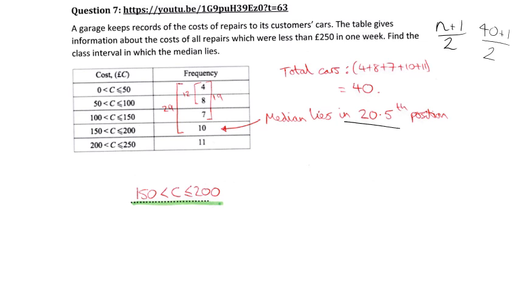So I've now got 19 pieces of data in total. So the 20th piece of data I would have written down would be in this category here, and the 21st would also be in that category. Because they're both in that category, my median falls in the 150 up to 200 category.